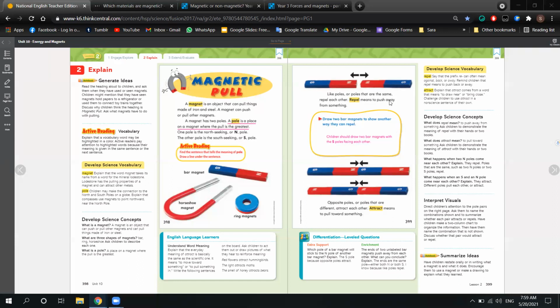Here, to push away, when the arrows are like this, and when the arrows are like this, it means to attract, to pull towards something. When we have attraction, it's pulling towards something, and when we have repel, it means pushing away from something, okay?